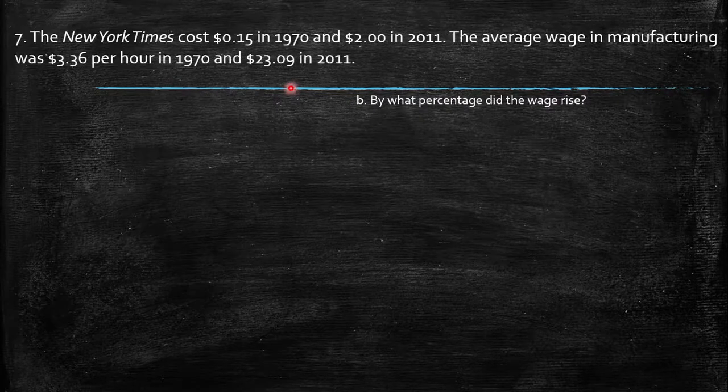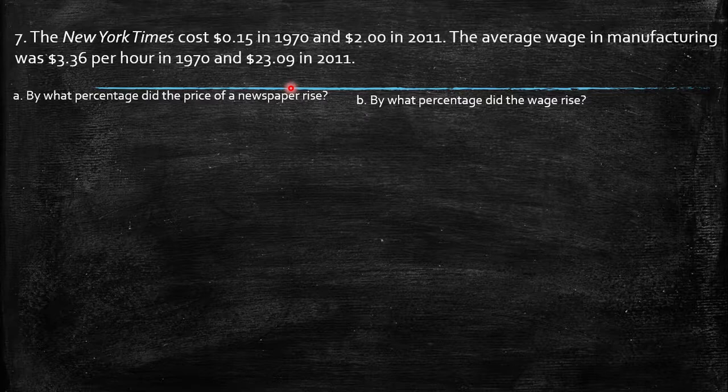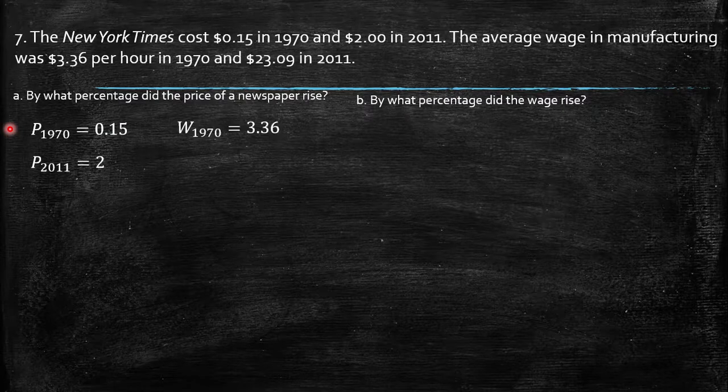Question 7. The New York Times costs 15 cents in 1970 and $2 in 2011. The average wage in manufacturing was $3.36 per hour in 1970 and $23.09 in 2011. By what percentage did the price of the newspaper rise? First, the price in 1970, the price in 2011, the wages per hour in 1970, and then in 2011.